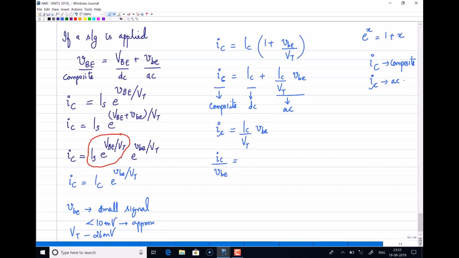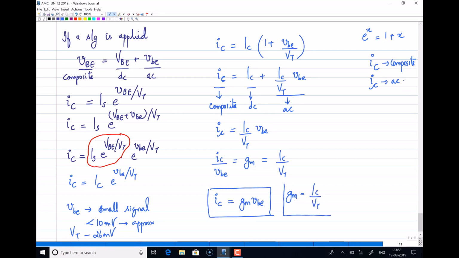Since it is input and output, we call it transconductance. This can be written as gm, where gm is equal to IC by VT. That means the collector current is equal to gm times the input voltage: ic equal to gm into vbe, where I define gm, the transconductance, as IC by VT, where IC is the DC collector current and VT is the volt equivalent of temperature.